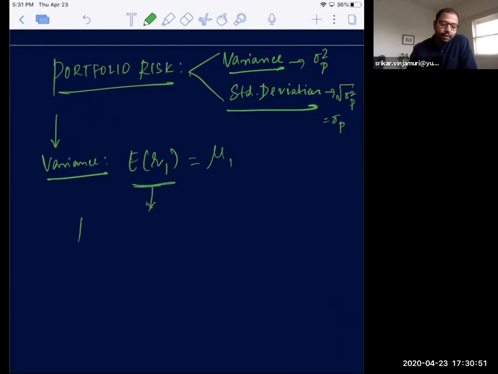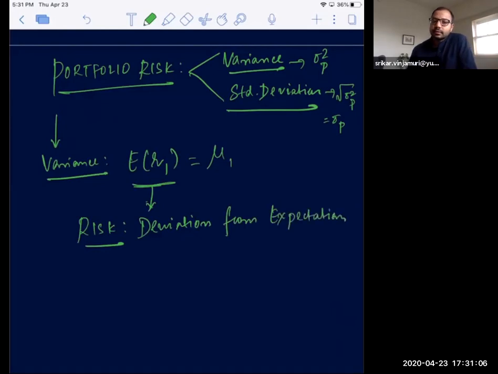So how I'm defining risk in an intuitive sense is a deviation from expectation. It's as simple as that. If I expect something and it happens, there's no risk there. If I expect something and that doesn't happen, if there is a variation between what I expect and what happens, the larger that variation is, the more risk I have on my hands.